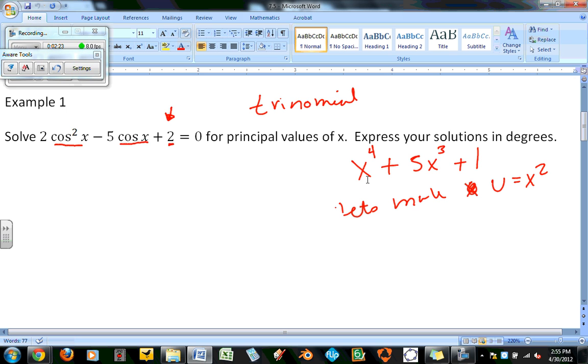Anywhere you saw an x squared, you could plug in u. So I'd have u squared plus 5u plus 1, and this looked a lot better because you knew how to factor something like that, and you didn't know how to factor something with a fourth.